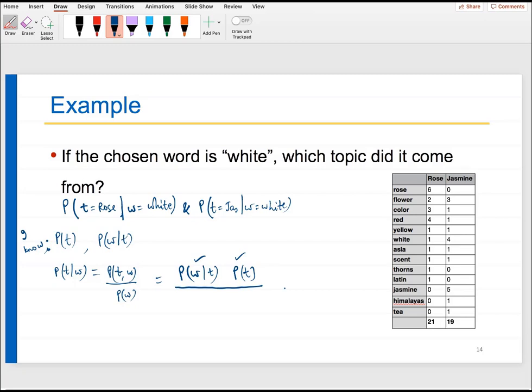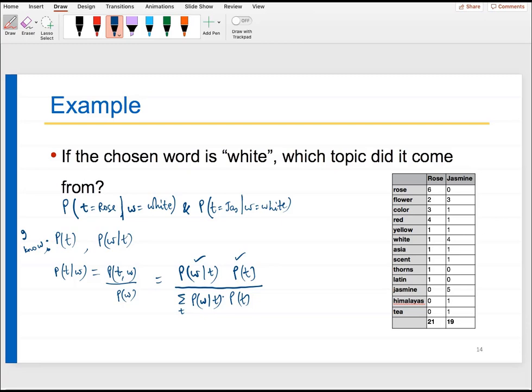What do I do with P of W? Yes, so marginalize. I know the joint distribution, basically, which I have found above, P of W given T into P of T, and then I marginalize over T. Right? Can you compute these quantities on your own? Then we can move forward.